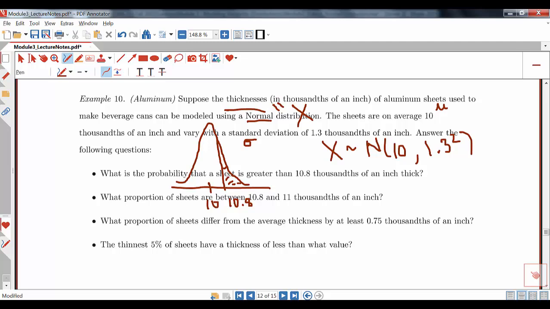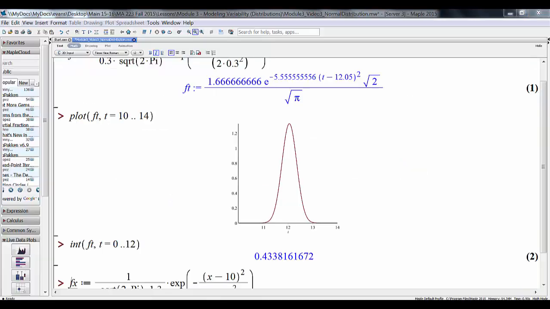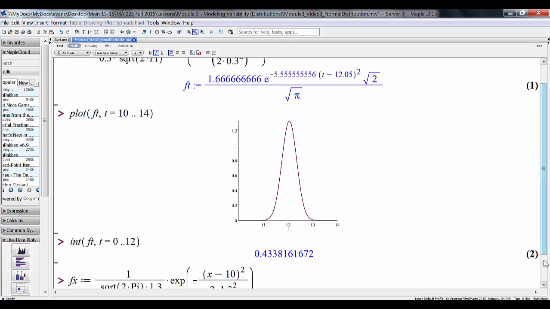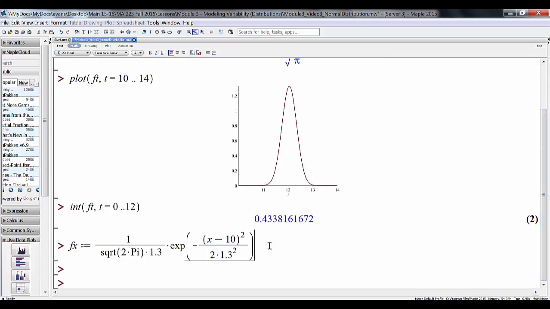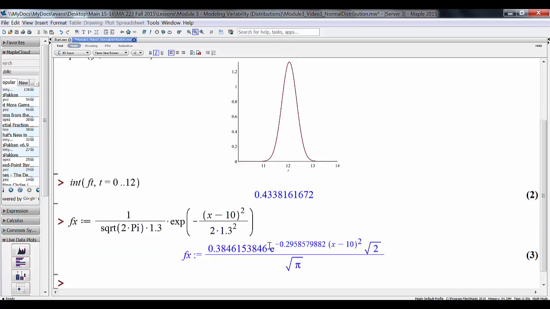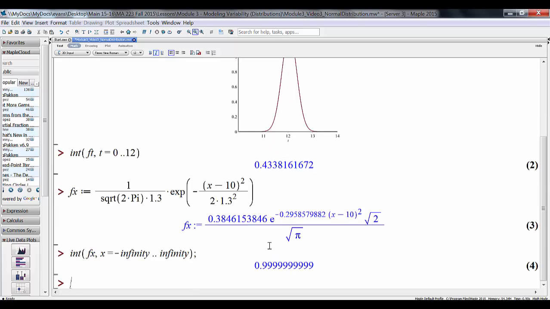So let's head over to Maple. I put this in before I started because it always takes a while. So there's 10 and 1.3. There's my probability density function, and I always check that it integrates to 1, since it's so easy to make a little mistake with the square or the square root, so be careful that it's still legal and that you typed in the right function. Okay, we're good to go.